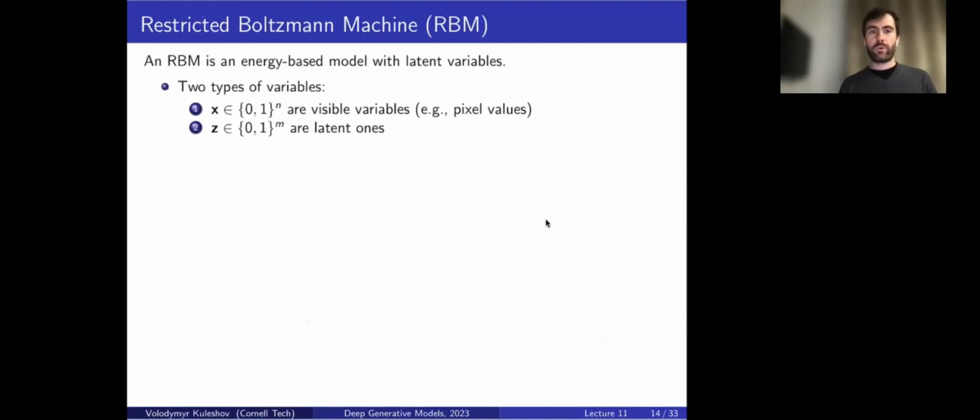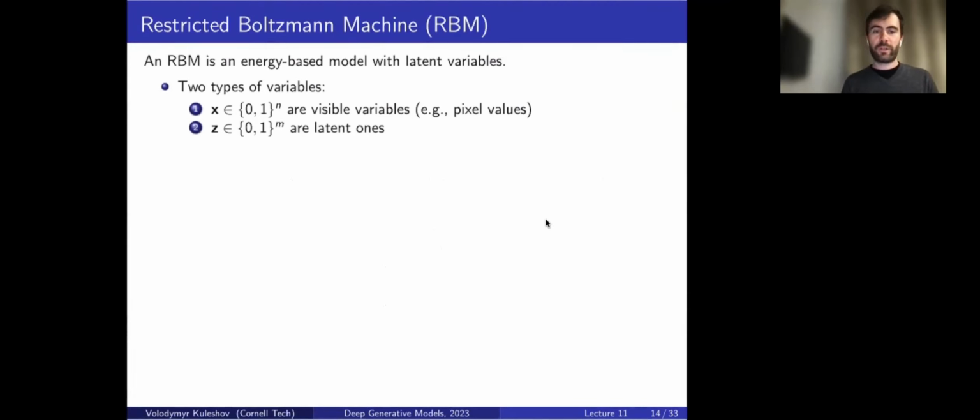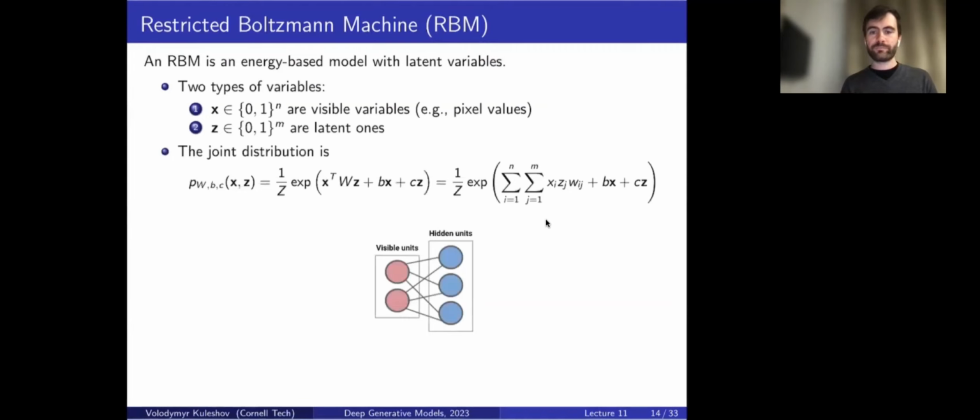Another classical type of model is called the restricted Boltzmann machine. So an RBM, or restricted Boltzmann machine, is a latent variable energy-based model. I previously derived energy-based models as not having latent variables, but you could just add them to your energy, and that becomes a latent variable energy-based model. So there are two types of variables, x and z. x is observed, z is latent.